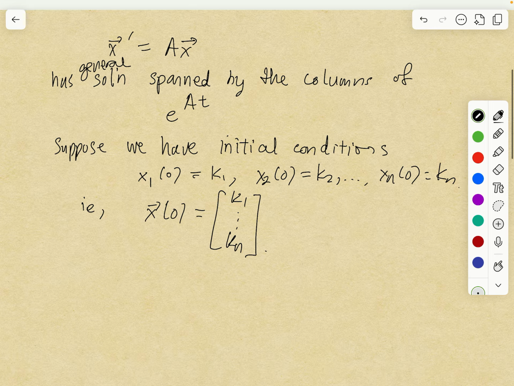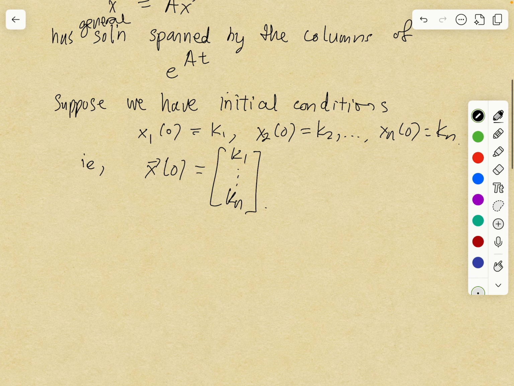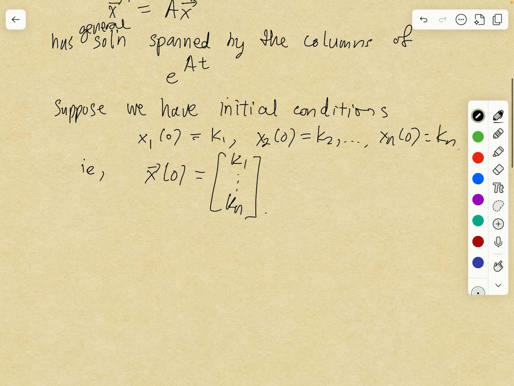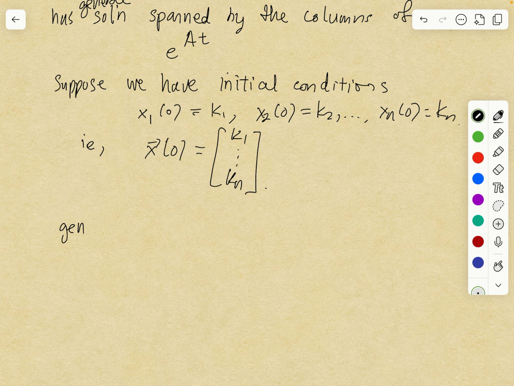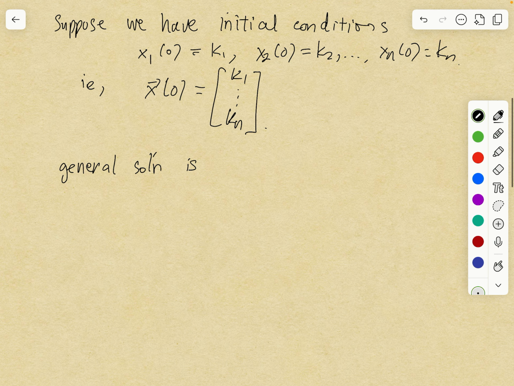Well, we know that the general solution x of t to this problem, x prime equals Ax, is the span of the columns of e to the At.